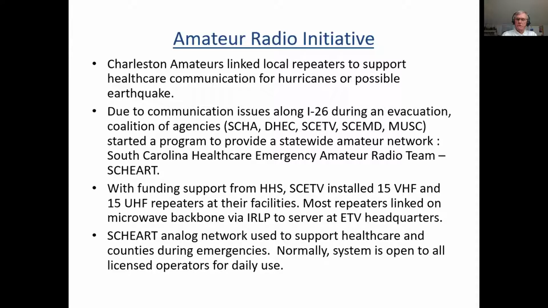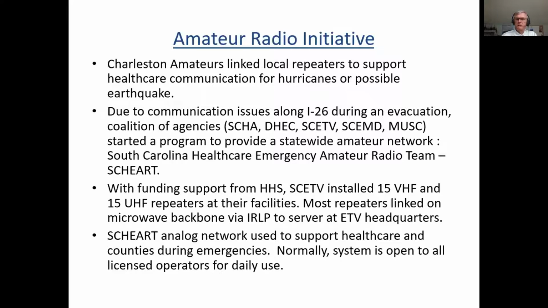SC HEART was formed as a club of amateur radio operators, and SC HEART is the trustee of the club. The analog network was used to support healthcare in counties during emergencies, but normally the system is open to any licensed amateur operator to use.